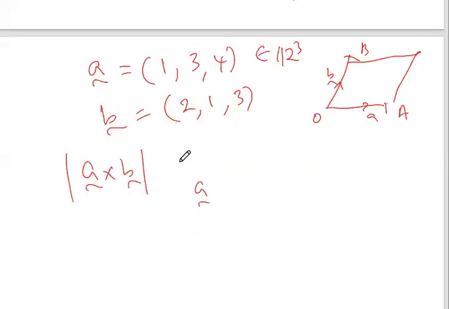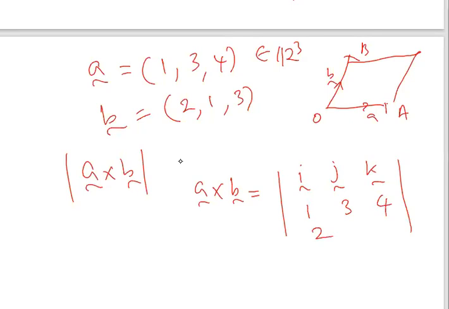i, j, k. A is 1, 3, 4. B is 2, 1, 3. The first one is positive i, and the coefficient would be found without considering the first row and the first column.